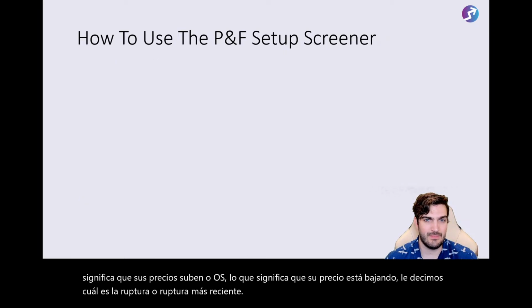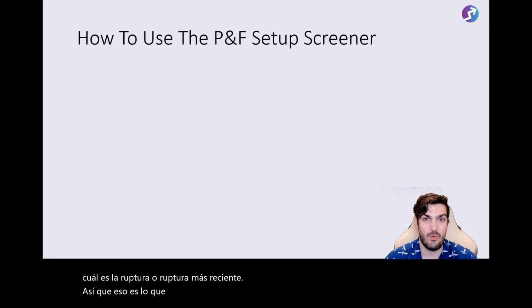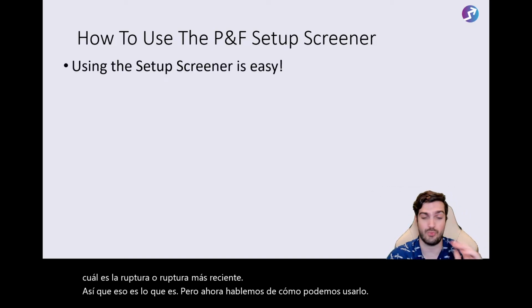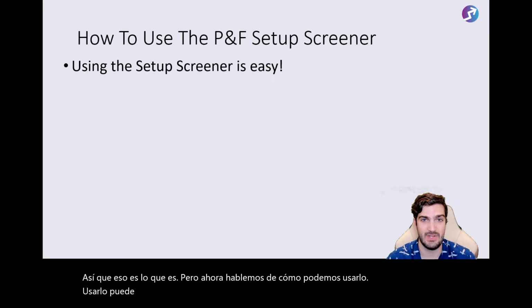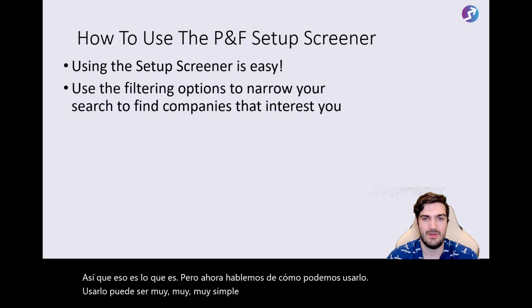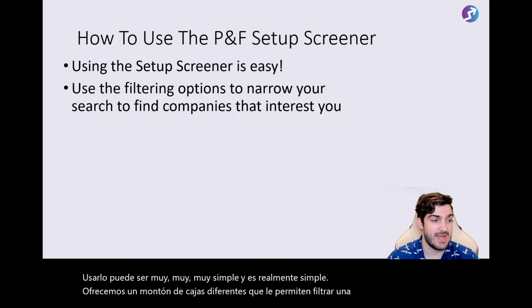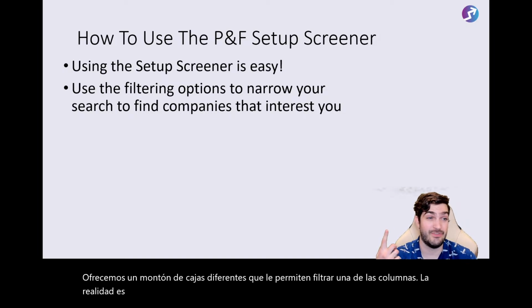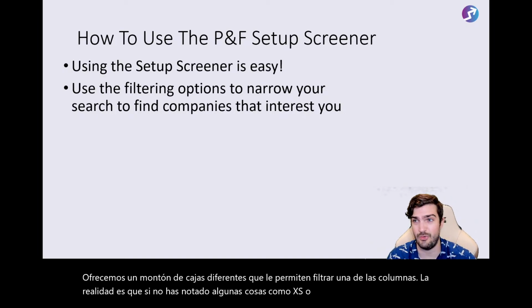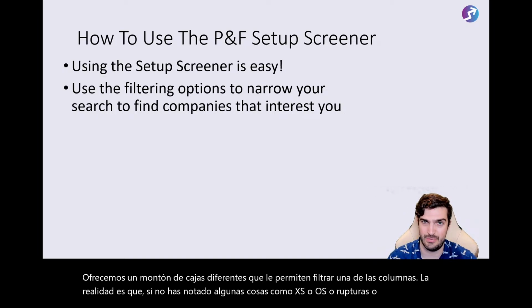So that's what it is, but now let's talk about how we can use it. Well, using it can be really simple. We offer a bunch of different boxes, and each box allows you to filter one of the columns. The reality is, if you haven't noticed, some things like X's or O's, or breakouts or breakdowns, or sectors, aren't numbers.